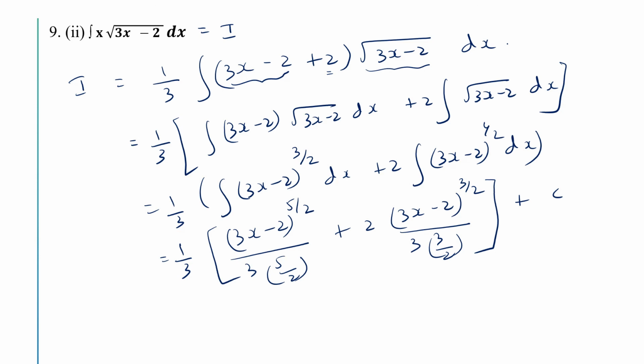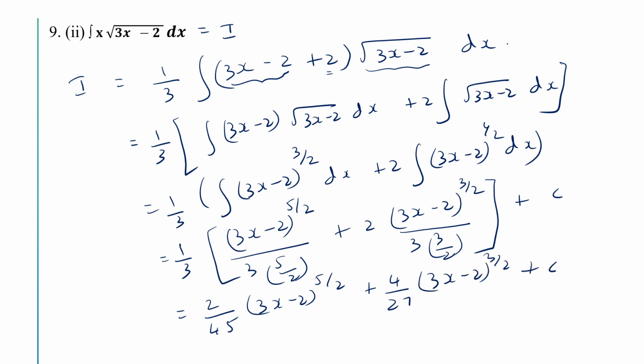So when we simplify, we get this is equal to 2 by 45 (3x minus 2) the whole raised to 5 by 2 plus 4 by 27 (3x minus 2) the whole raised to 3 by 2 plus c. So this is the given integral.